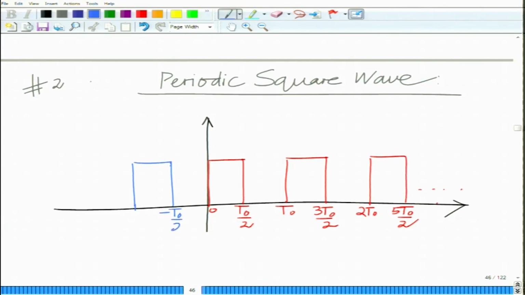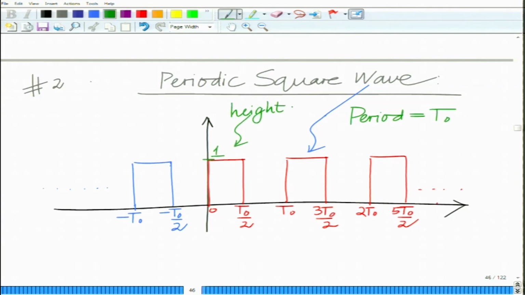So this is minus T naught over 2. So this is your periodic square wave, correct? This is your periodic square wave, and the time period here equals T naught, and let us say the height of each square pulse, or the peak amplitude of each square pulse, is 1.